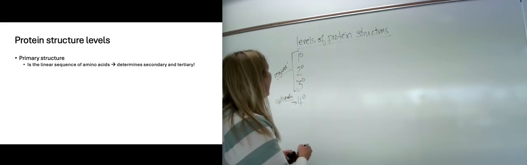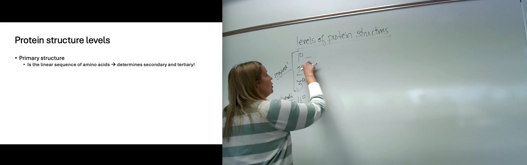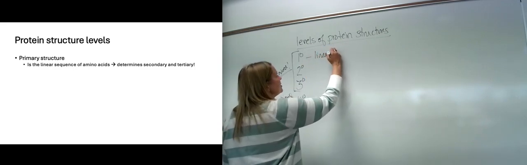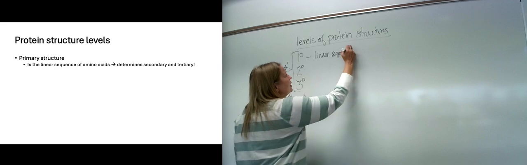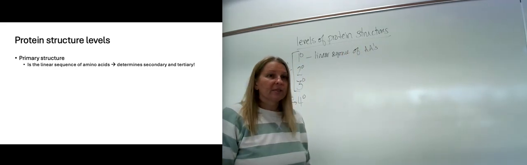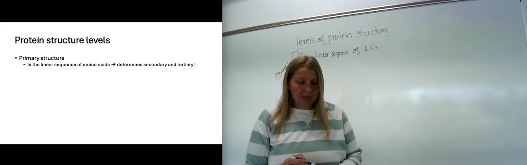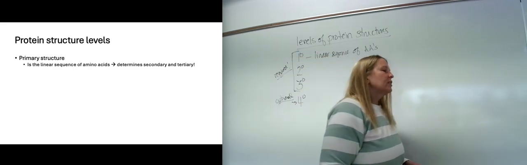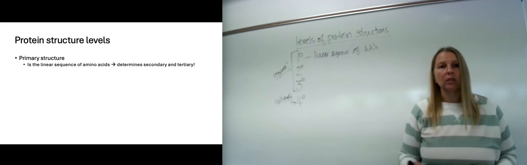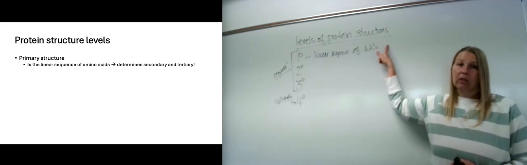Okay? So the primary structure in protein structure is just the linear sequence of amino acids, similar to what we just saw in the last slide where you just have your amino acids and you draw the peptide bonds and you draw the R groups. But here's the thing. Somehow the protein knows exactly how to fold just with this. This is the only piece that's needed.